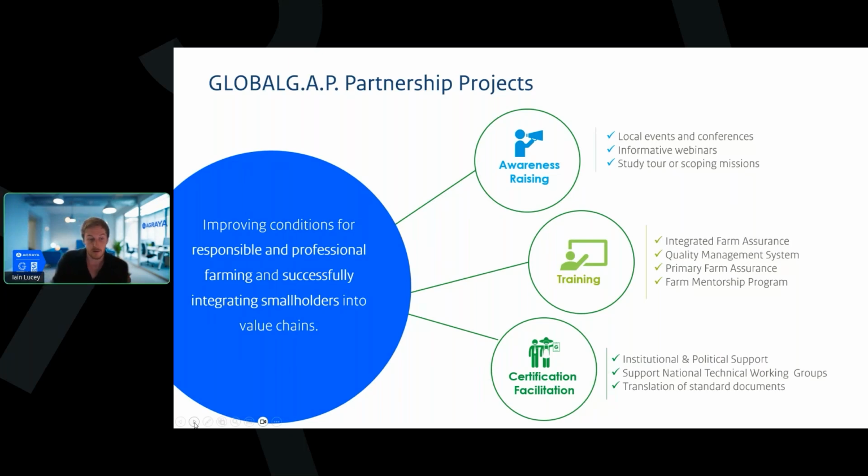I already mentioned, for example, training government employees and extension workers to enable them to work directly with farmers in the field.